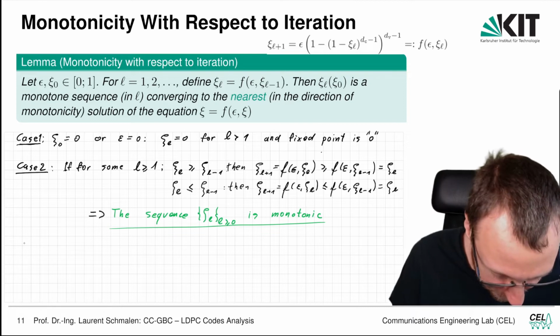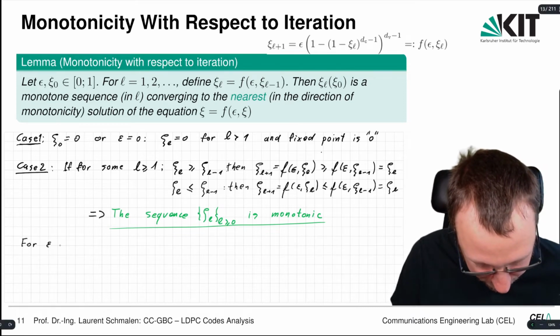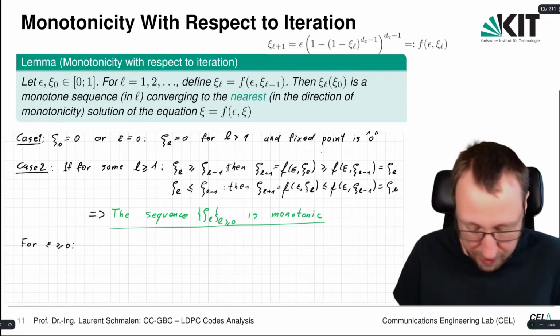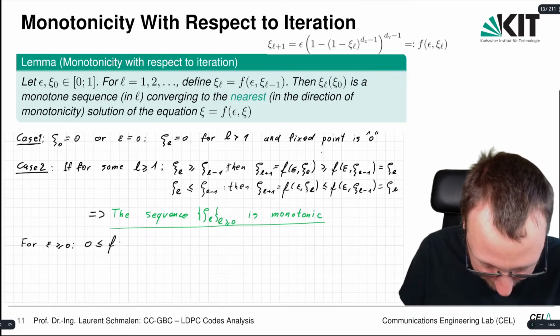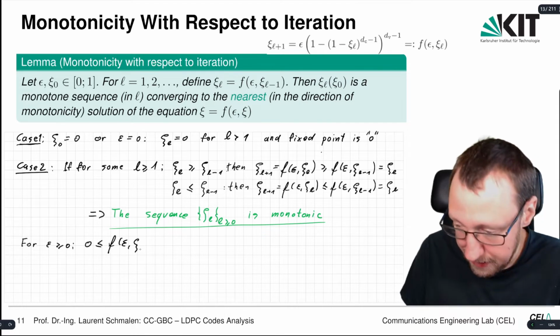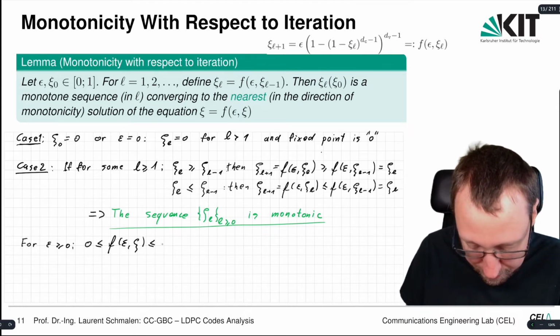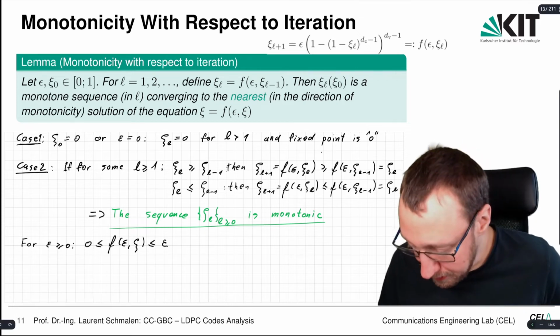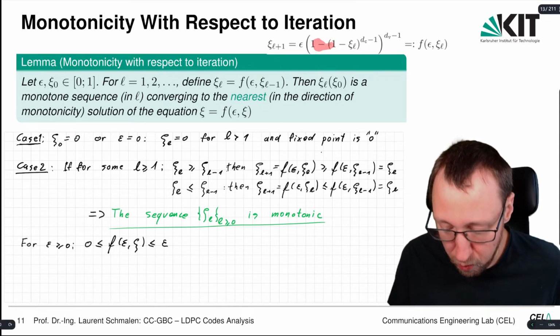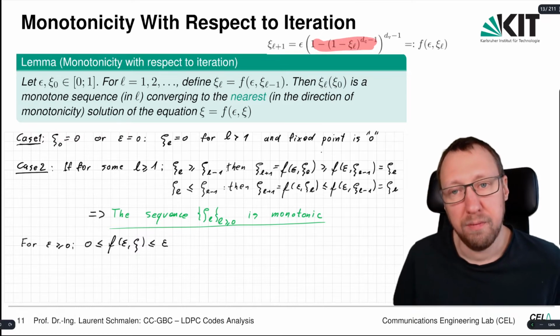So we're looking at some epsilon larger or equal than 0. That means that f of epsilon C will be between 0 and epsilon, because this term is always smaller than 1.